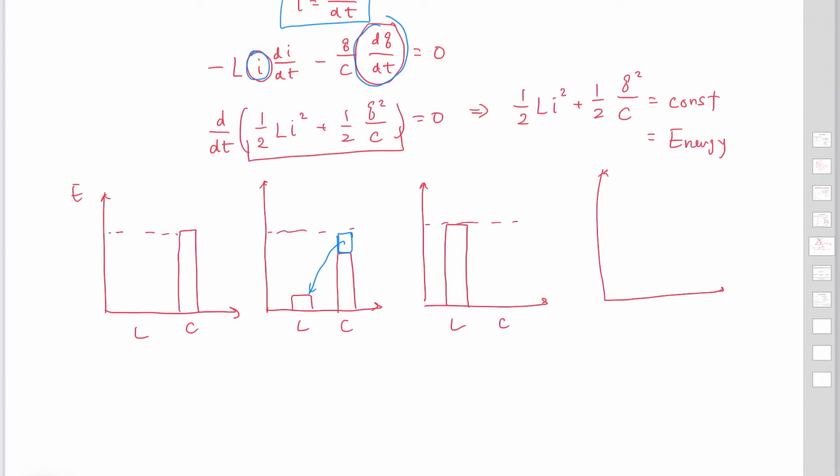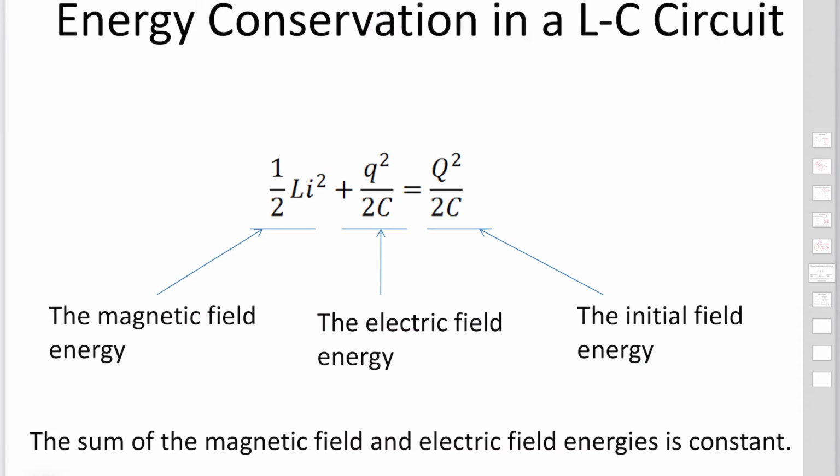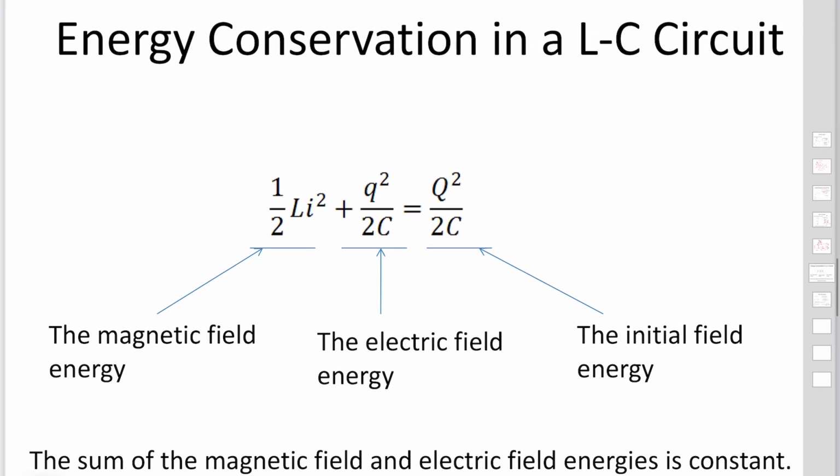Then the energy is decreasing. Inductor energy is transferred to the capacitance. Then it returns to this case. So this is the time series of the changing energies between the inductor and the capacitor. This is energy conservation in an LC circuit.